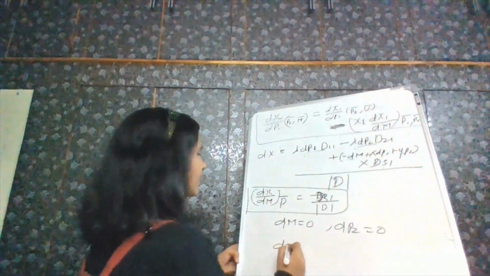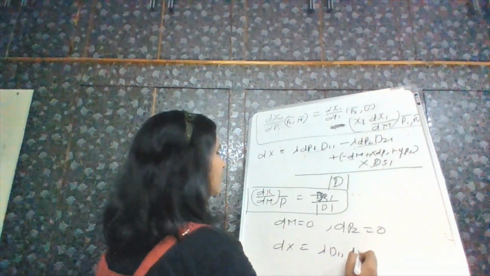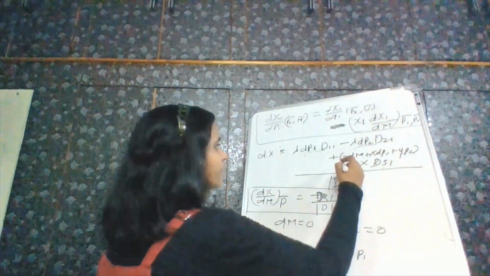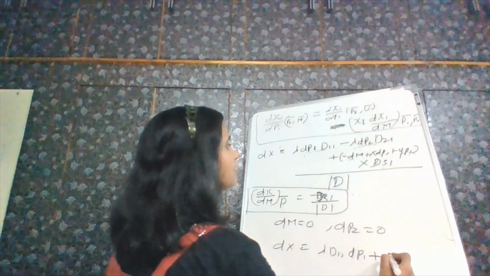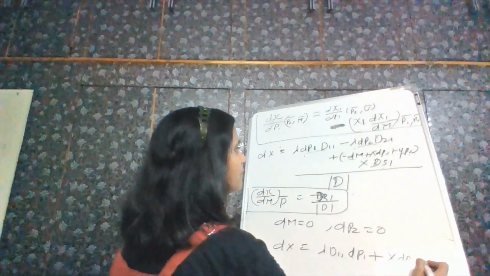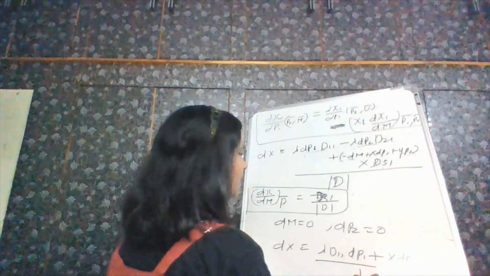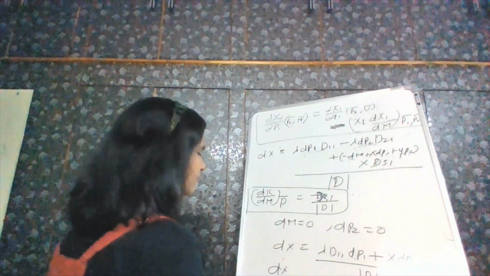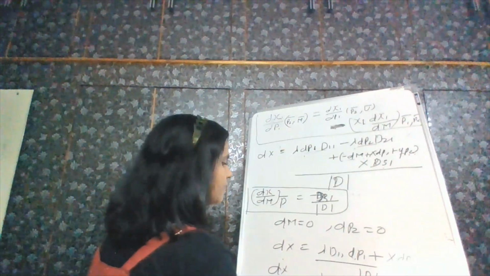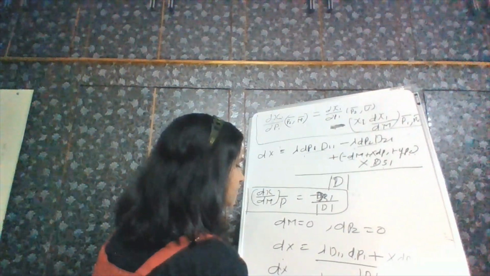So dp1 will not be 0, dp2 will be 0 and dm 0. So what remains: your dx equal to lambda d11 dp1, this will become 0, dm is also 0, dp2 is also 0, so plus x dp1 into d31 divided by d. Now bring p here: dx by dp1 becomes lambda d11 plus x d31 divided by d.